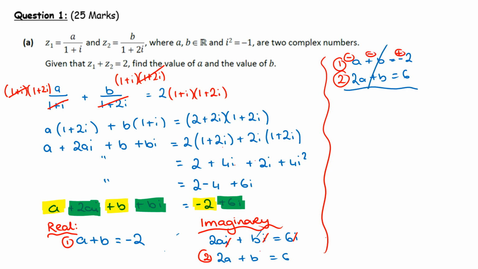That will eliminate the B's, and we get A equals 8. Then I'm going to take the equation A plus B equals minus 2, but A is 8, so 8 plus B equals minus 2, so B equals minus 10. So they are our two answers.